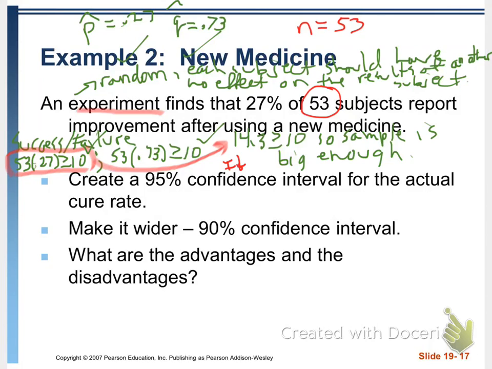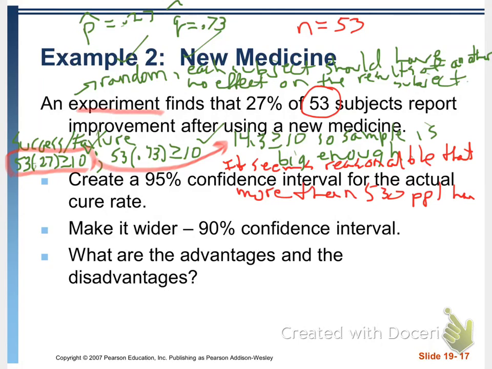It seems reasonable. So this is our 10% condition in red, that more than 530 people have the condition in the population. So I've met all the conditions.